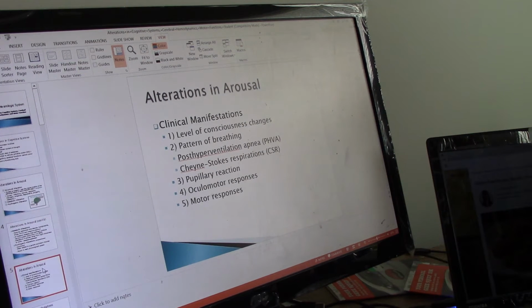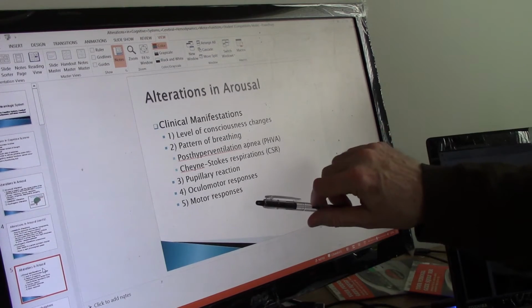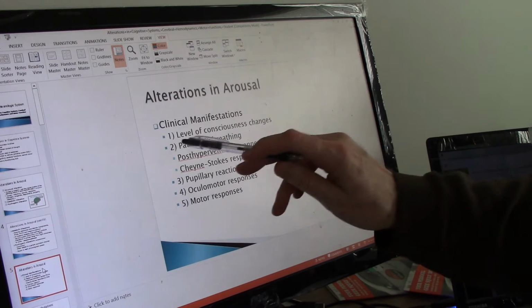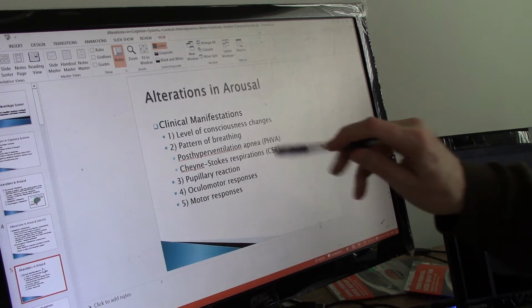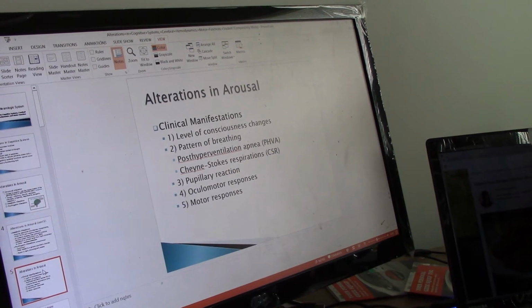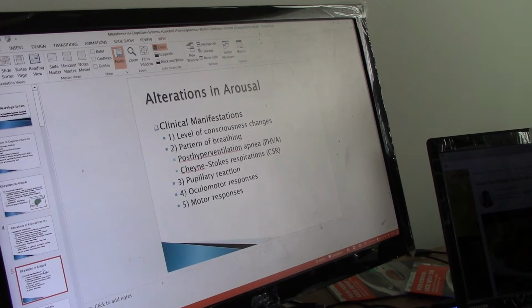Okay, alterations in arousal. These are some of the changes that we see when somebody has a change in arousal. Their LOC, or level of consciousness, is going to change. So for example, let's say that I know you very well, your name is Mary, and I say, "Hi Mary," and I don't get a response. You're staring blankly at me. Well, there's a change in your consciousness. Now maybe there's no other change.